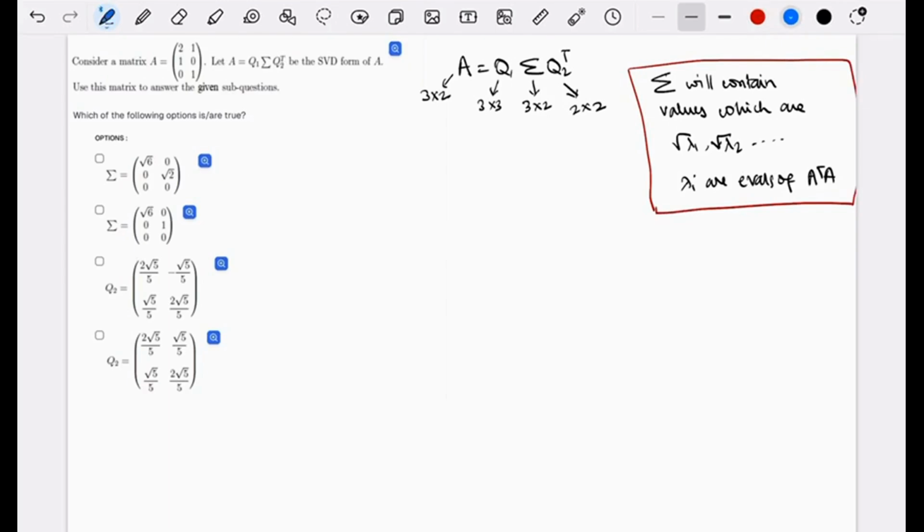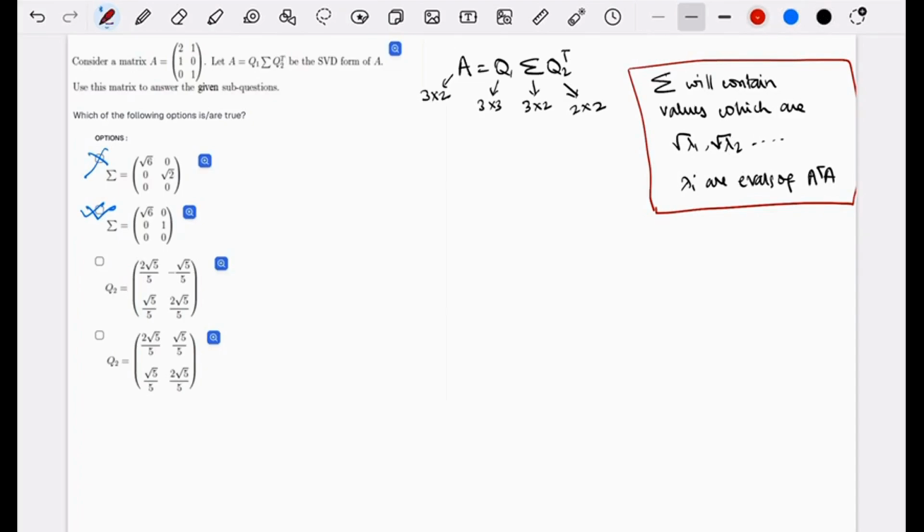From here we can say that we've obtained the eigenvalues of A transpose A to be 6 and 1, right? So from there we can say that sigma should be equal to the second option, not the first option, right? Now it also asks for Q2, right?